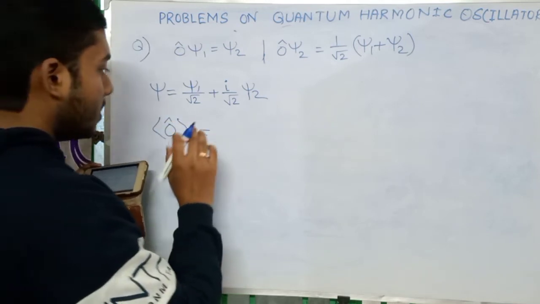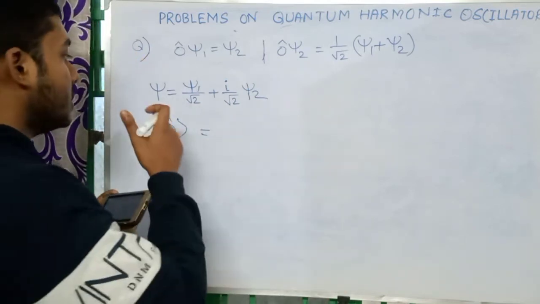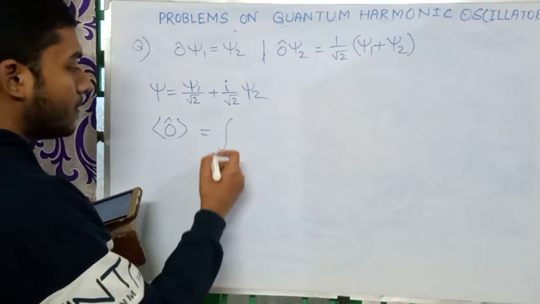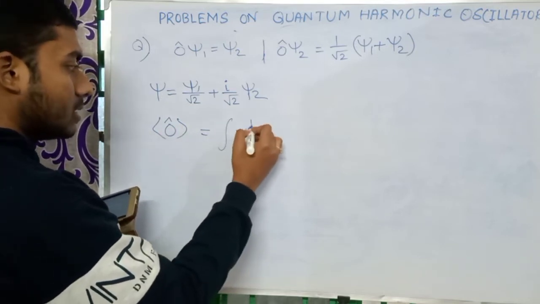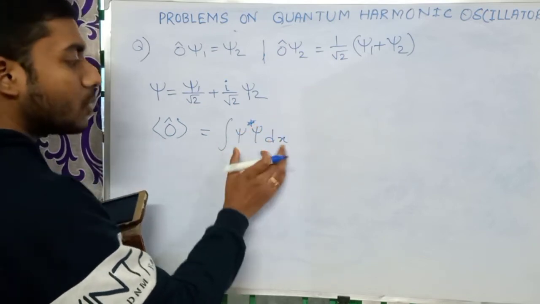We know from the definitions that to find the expectation value, we integrate psi star psi dx. This is the probability.